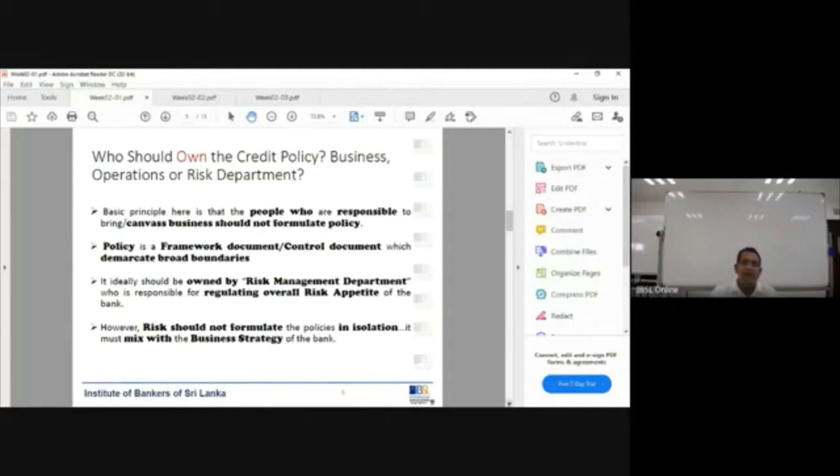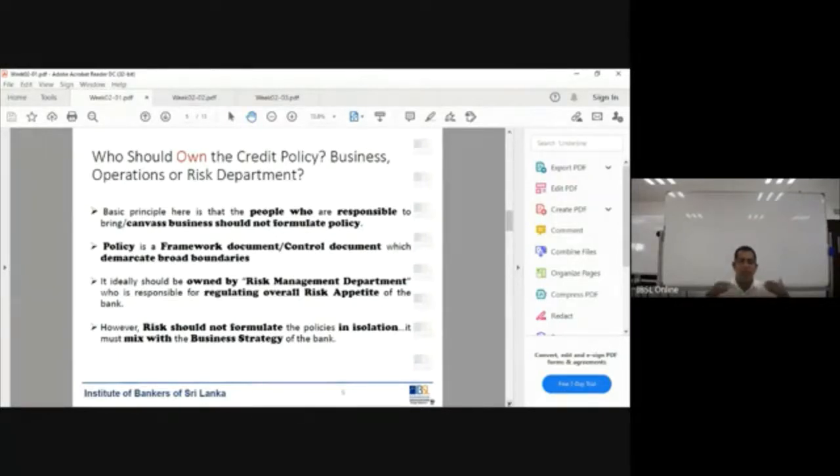The business line, the people who are responsible for bringing business to the bank, should not own the policy. We should not formulate the policy because our function, our thinking is towards acquisition, granting credit, getting profit, like that.